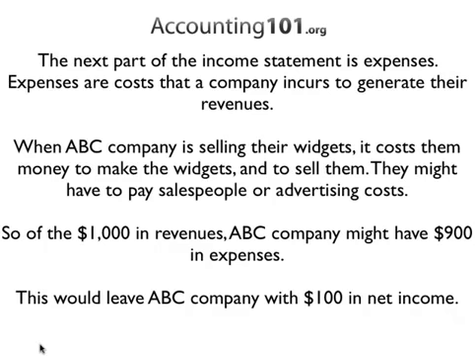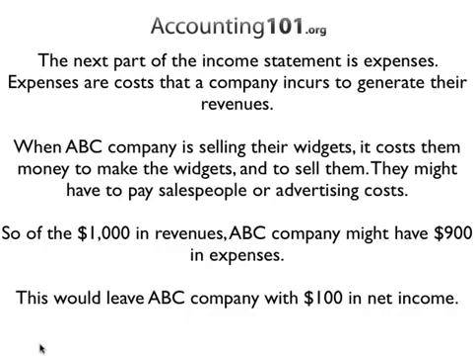Now, obviously, when ABC Company is selling their widgets, they had to produce those widgets, and so they had costs to make the widgets. They might have had raw materials like steel, iron, plastic, whatever the widget's made out of. Those are costs that they had. And then they might have to pay salespeople or advertising costs.